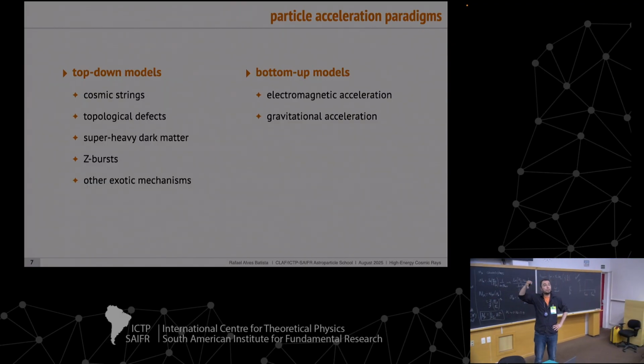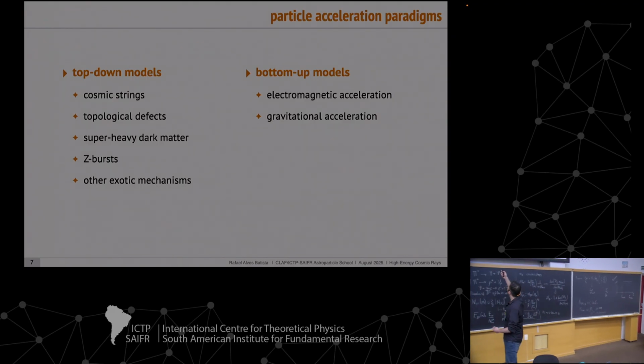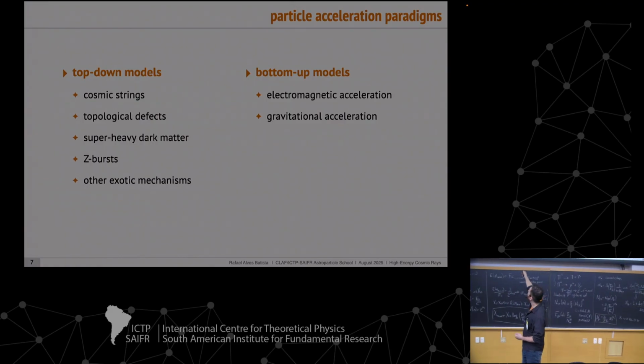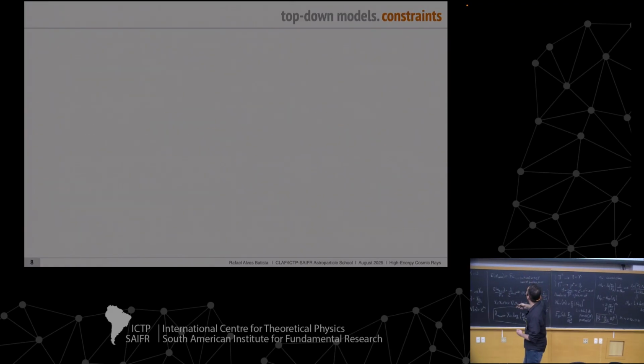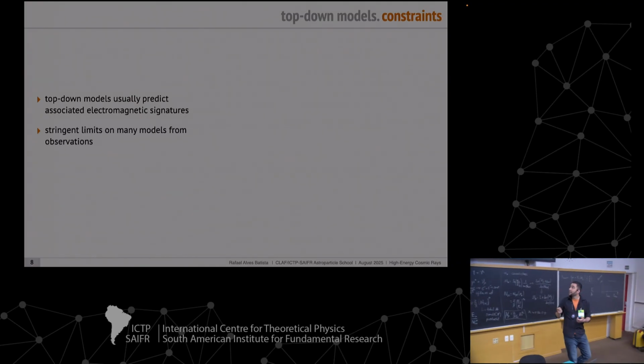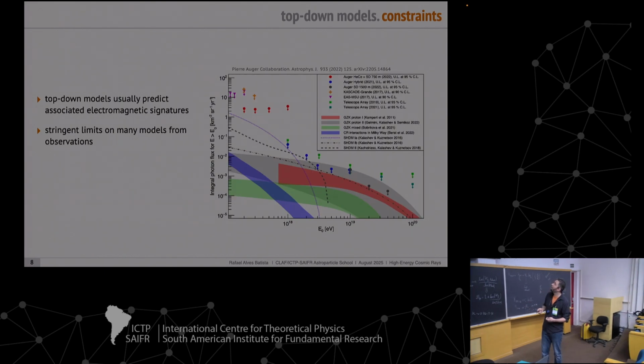So what we think nowadays is that all these high-energy particles that are produced are somehow resulting from some type of electromagnetic acceleration process. I'll not talk too much about the top-down models because they predict other signatures, as byproducts, and many of them have been excluded, for example, by the non-observation of very energetic photons in this energy range.